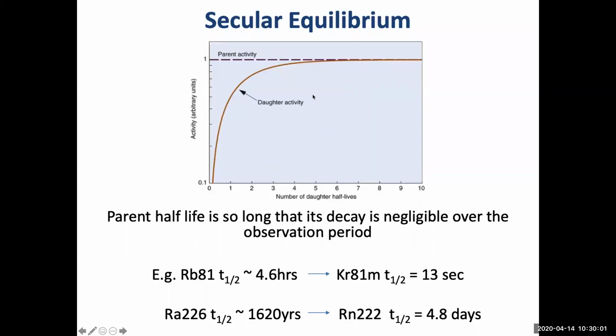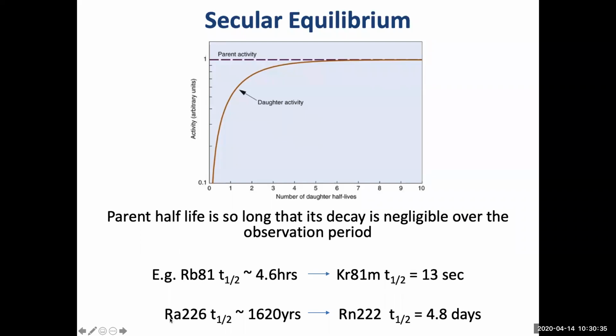When the activity of the daughter equals the activity of the parent, parent and daughter are said to be in secular equilibrium. A good example is rubidium-81, with a half-life of 4.6 hours, while the daughter krypton-81 has a half-life of only 13 seconds.